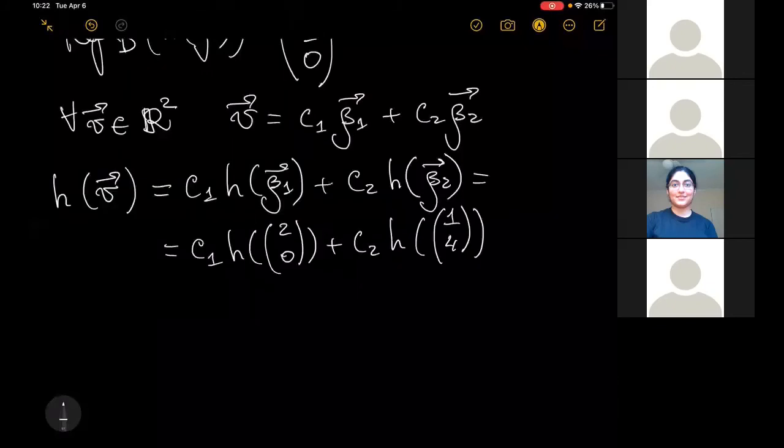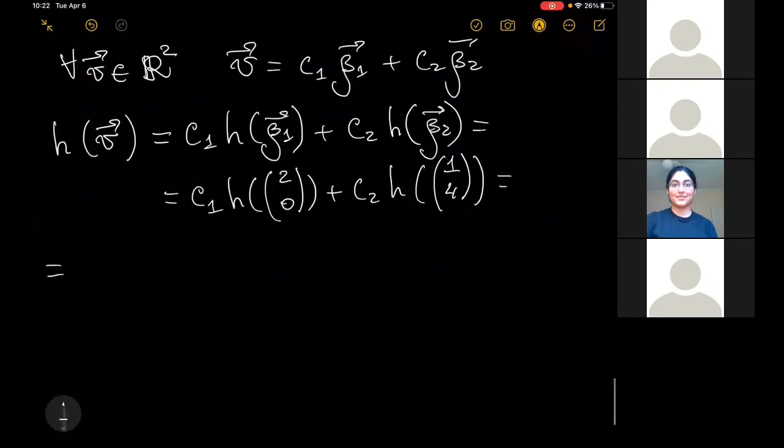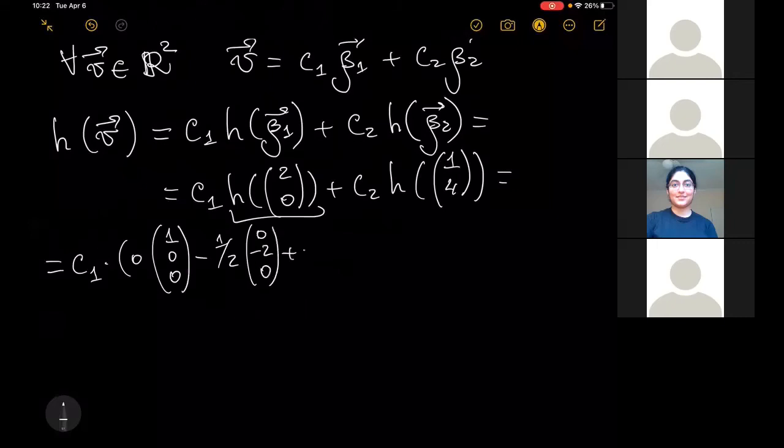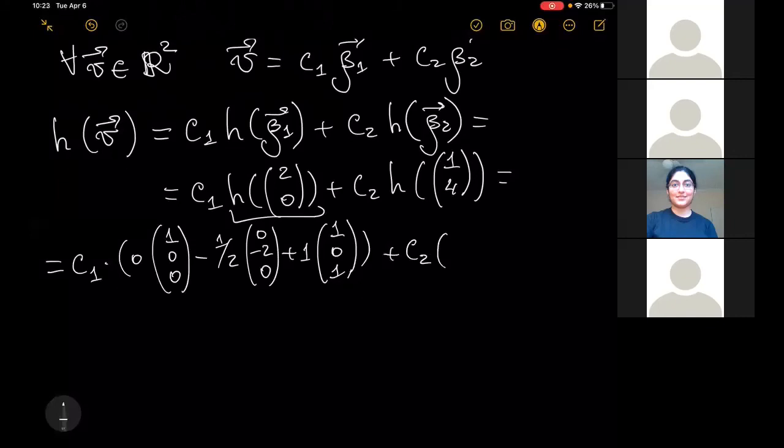So then this is nothing else but C1 multiplied by the representation of H of beta 1 with respect to the corresponding basis, plus C2 times the representation of H of beta 2 with respect to the basis.